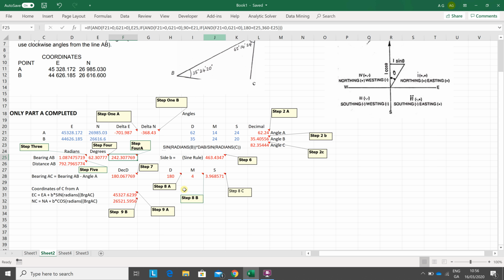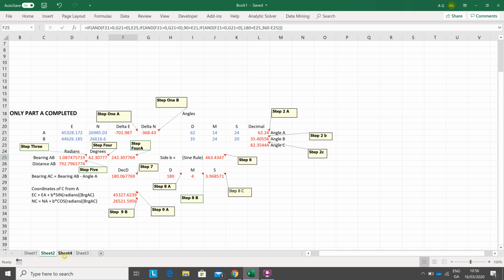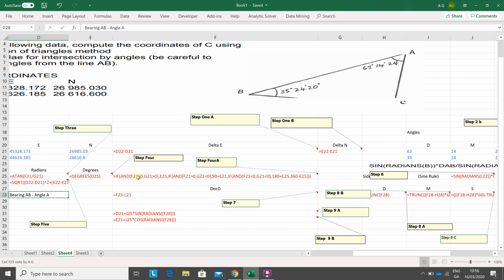So now I have to assume you know something, so that's quite complicated. I have the formula up there, and I'm going to talk about this nested if. If F21 and G21, so if your easting and northing are both positive, in quadrant 1, you leave the angle alone. If your easting is positive and your northing is negative, your angle is 90 plus the angle that you calculated. Next one is the easting and northing both negative.